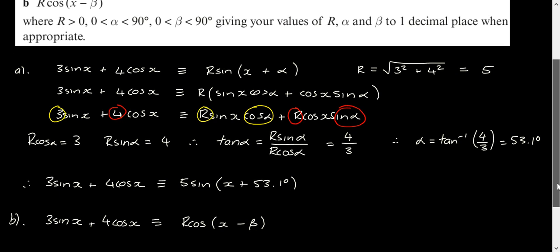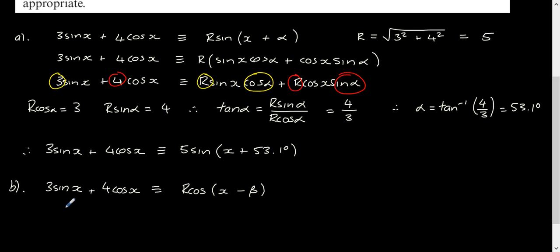So let's have a look and see what comes out when we apply the method. So r, same as before. We square both coefficients, we add them, and we square root the answer. Then we write out our identity. And I'm going to skip one line of working from before, nothing too serious. So I'm going to this time expand cos(x minus beta).